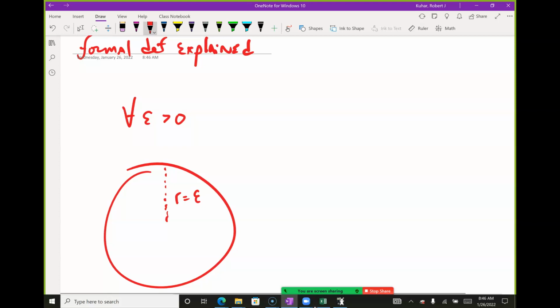The radius of that big target is epsilon, and it's for every size target, right? For every epsilon, for every target I can think of, there exists a delta greater than 0, and that's going to give me the bullseye, right? That purple radius is delta. So for every epsilon, for the target with a radius of epsilon, I should be able to find a bullseye with a radius of delta.